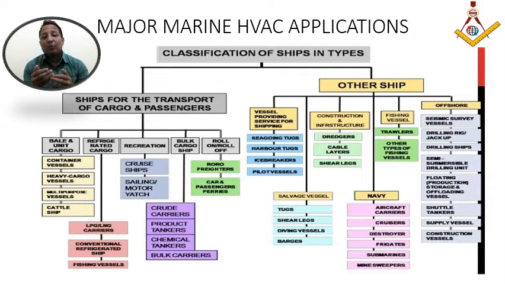Then refrigerated cargo are the ones which carry all these fruits and vegetables and transport from one location to another location. Say for example, in the Gulf countries, there's a very limited amount of farming, so they need vegetables and fruits to feed the population over there.